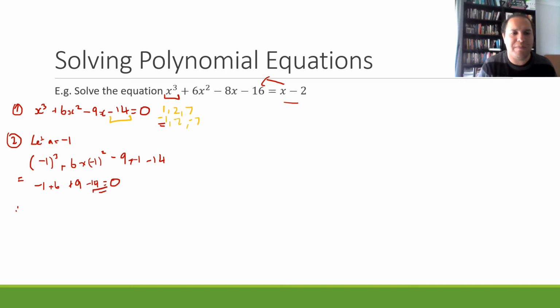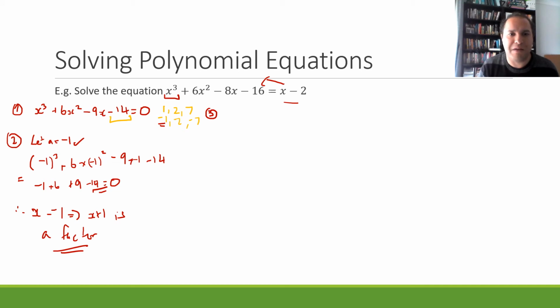So therefore our a value of negative 1 makes sense. Therefore x minus negative 1, or x plus 1, is a factor. Once we've got our linear factor, we can then apply our polynomial division to find our quotient, the leftover part when we divide by our factor.